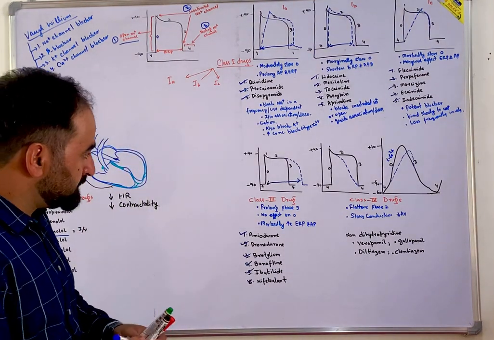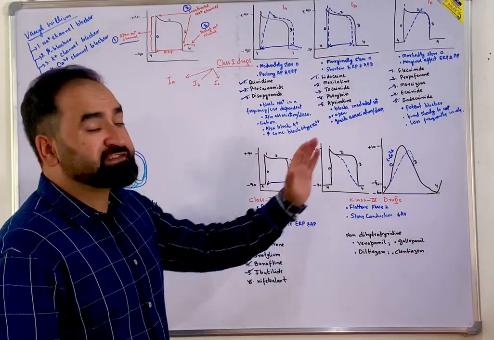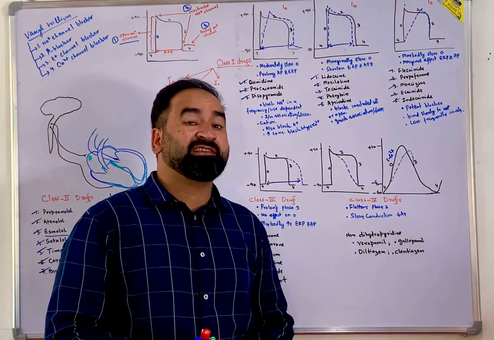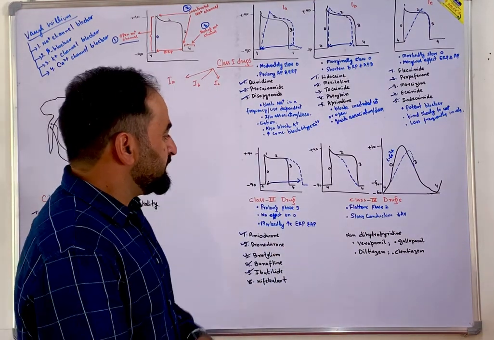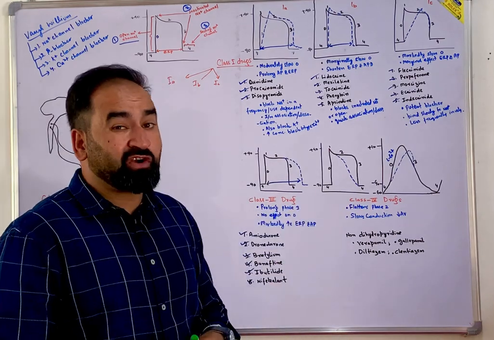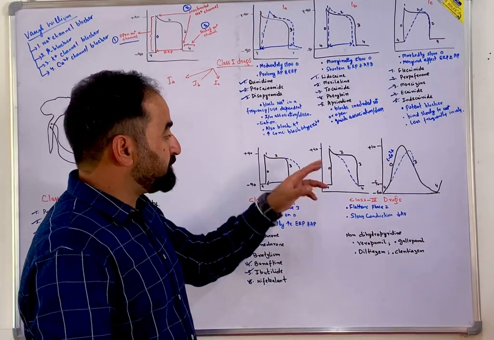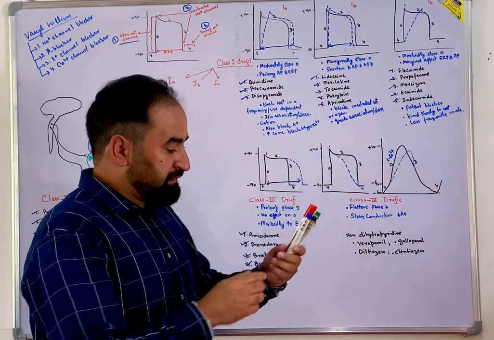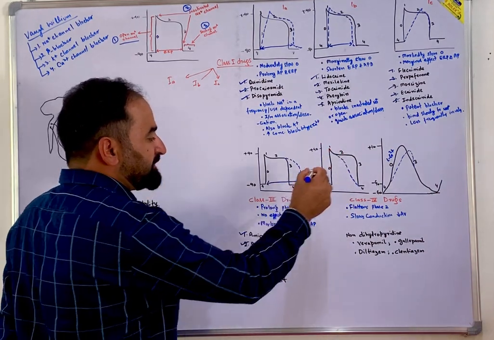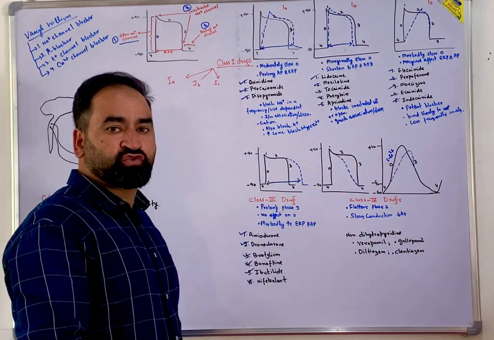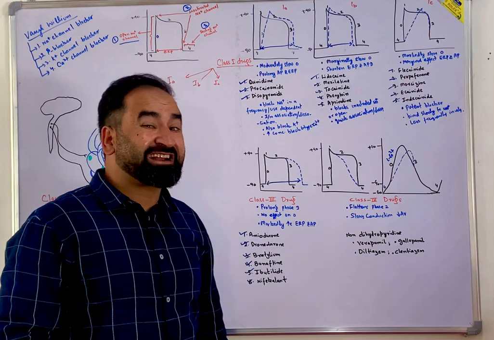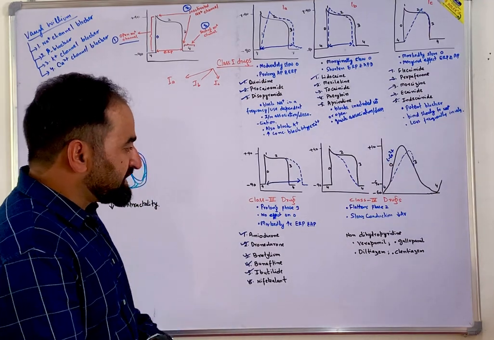Now coming to the class 4 drug. You know what is a class 4 drug? It is the calcium channel blocker. They inhibit the calcium at the plateau phase, so there is a flattened phase 2. If there is a flattened phase 2, it slows the conduction at the AV node.